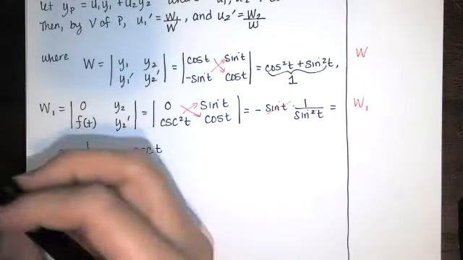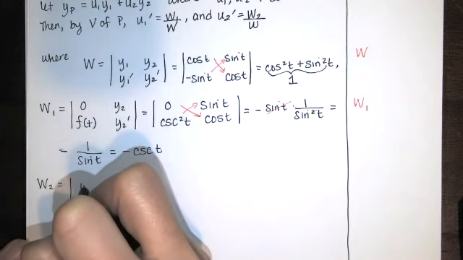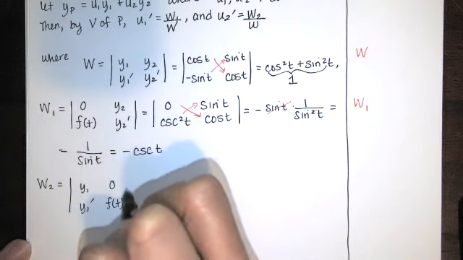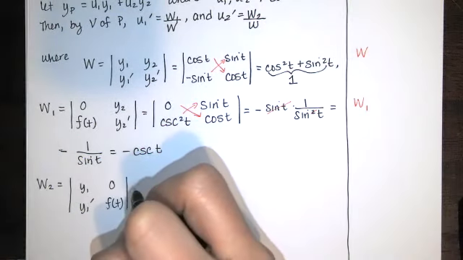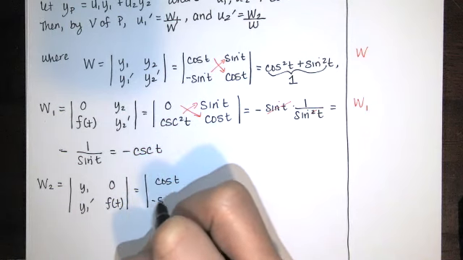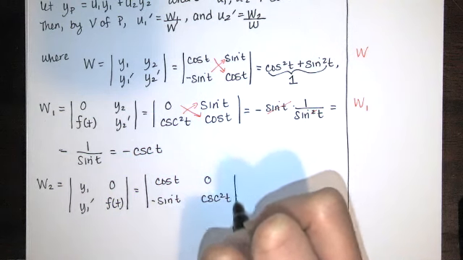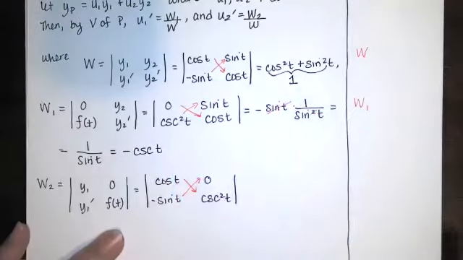And w2 comes from taking our Wronskian and replacing the second column with 0 and f of t. Remember, these determinants come from Cramer's rule. We have this times this minus that times that.